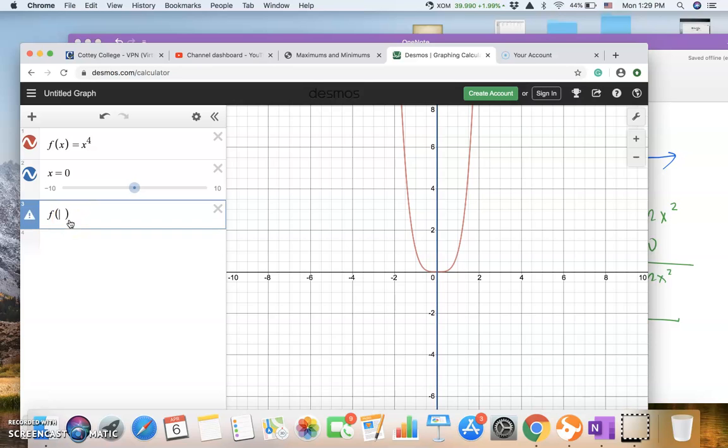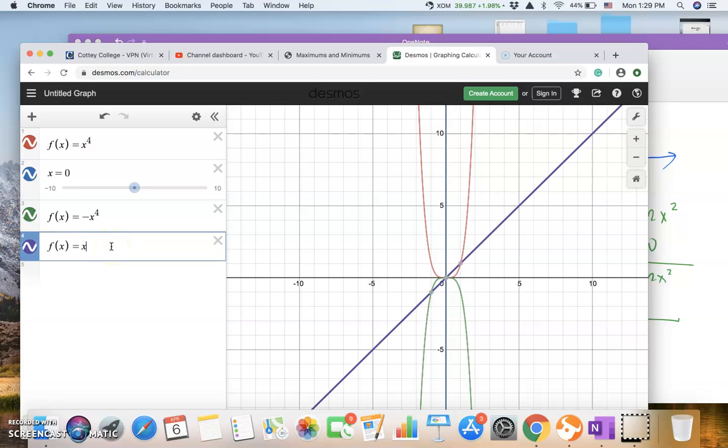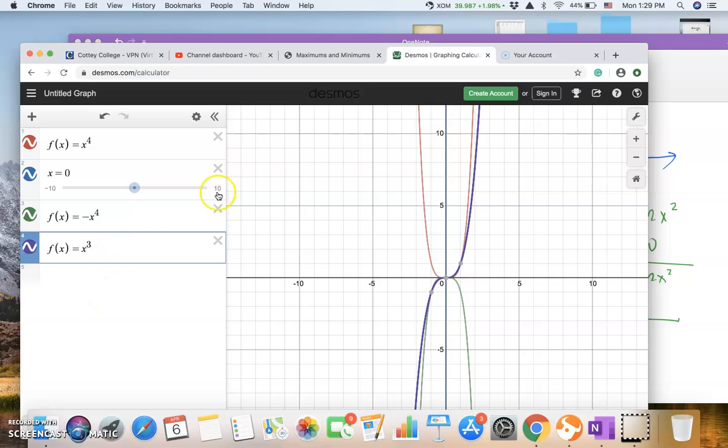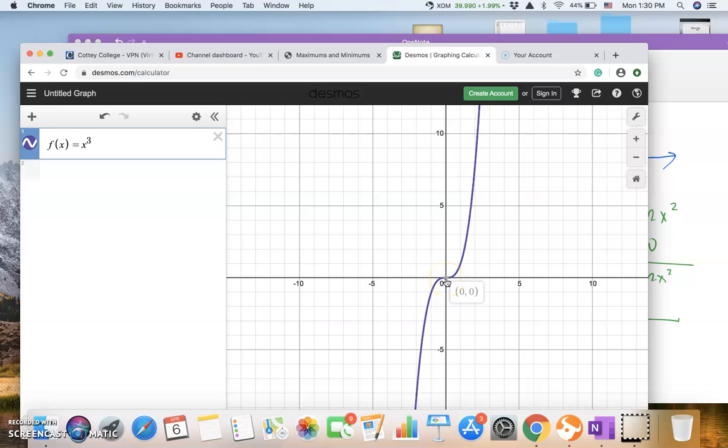For the second function at 0, the function has a local maximum. For the last function, at x equals 0, the function has neither a maximum nor a minimum.